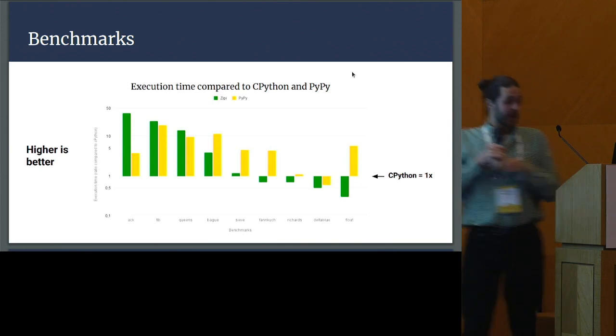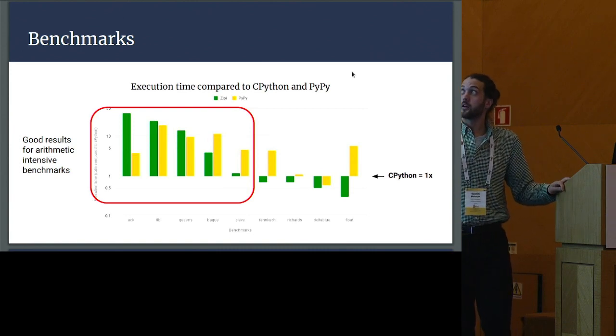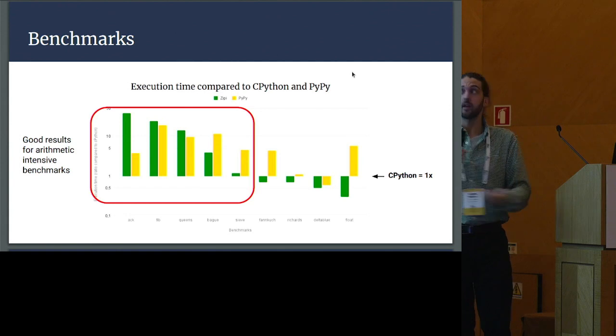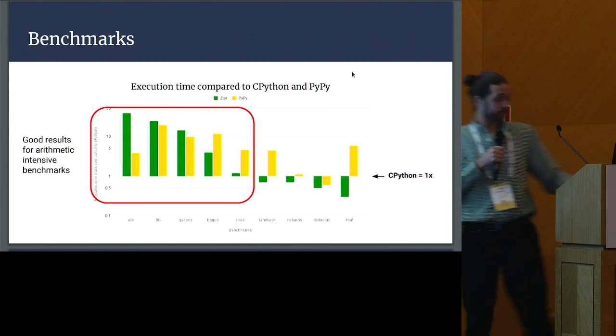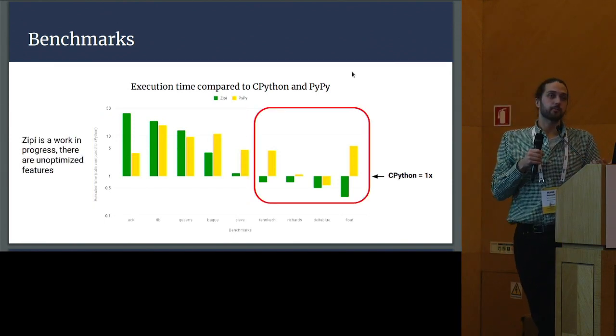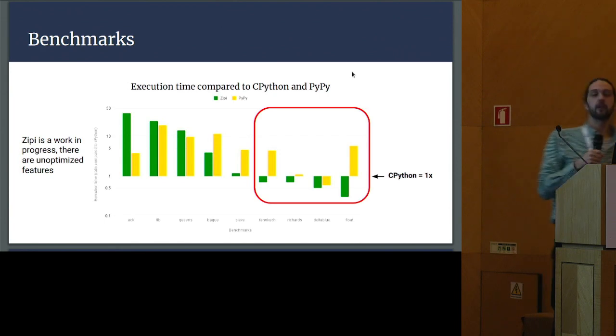And on the left, what you can see is that for at least benchmarks which are very arithmetic intensive, we are not only way faster than CPython, on some benchmarks we are faster than PyPy. On the right, still, you can see that Zipi is a prototype, it's a work in progress. There are some features which are not implemented at all, so it's not surprising that we see some non-arithmetic intensive benchmarks to be fairly slow.